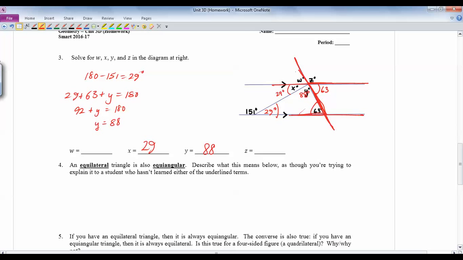Which, if you look over here, W is a vertical angle with that. So this one's 63. And then Z we could get by doing 180 minus 63, which is 117.